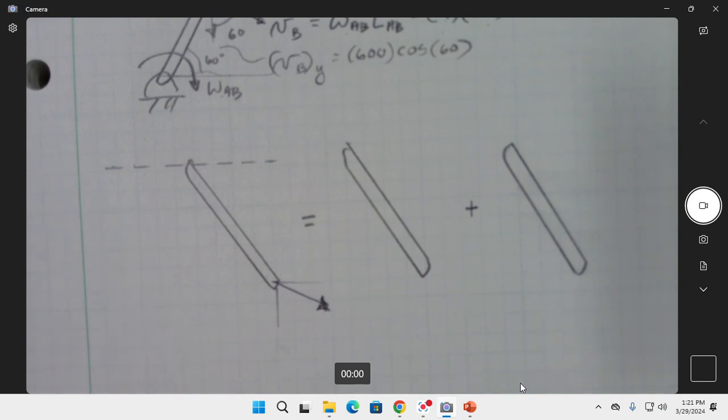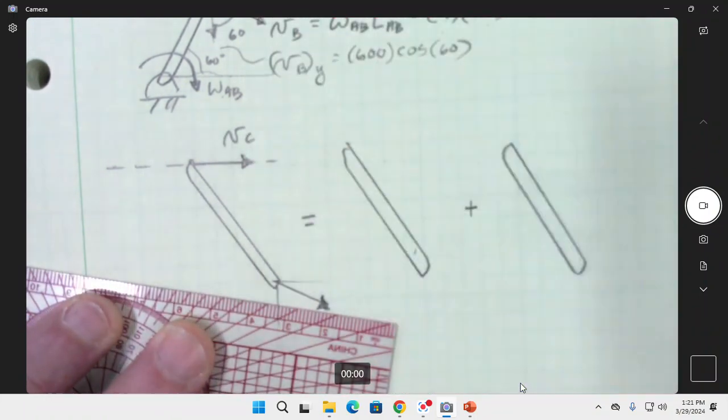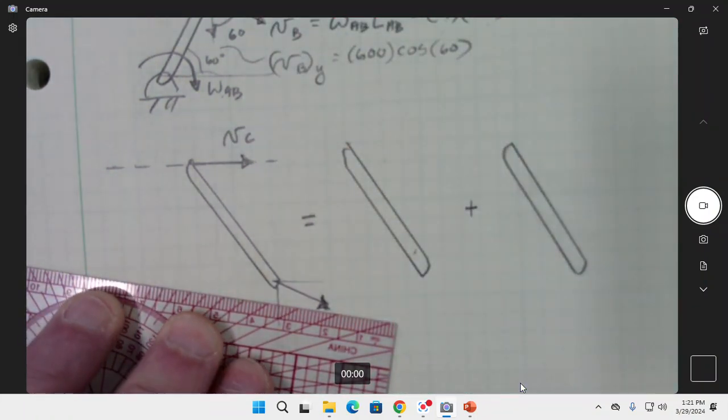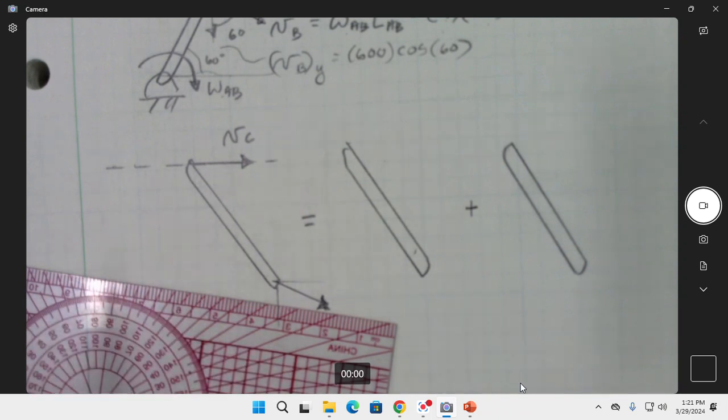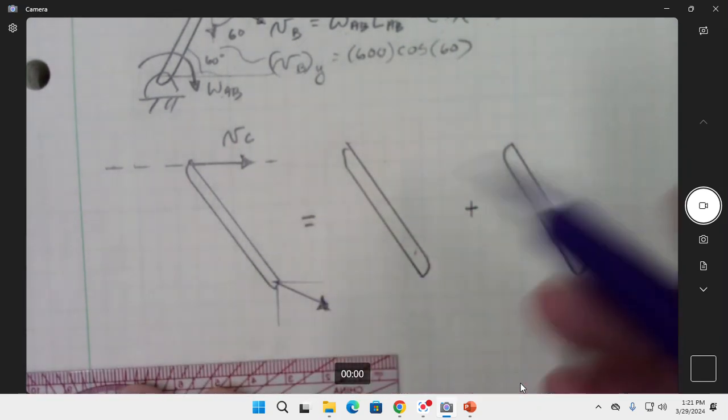If I leave it blank, that's almost the same thing as guessing that it's going to be positive and to the right. So I might as well draw it right here. But recognize we might get a negative sign. So this is going to be our VC. That's our goal, is to get VC, the velocity of the slider block C.